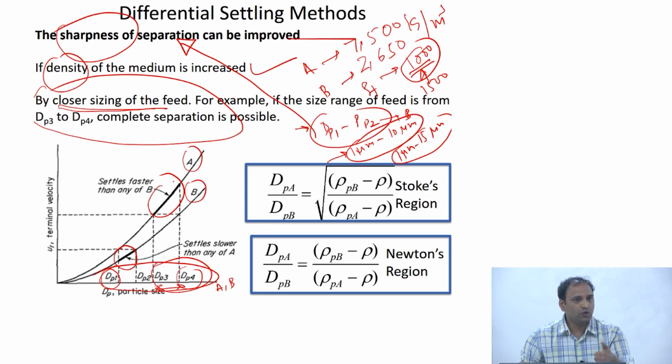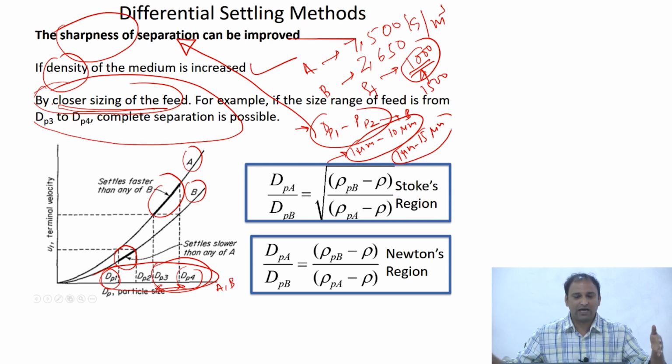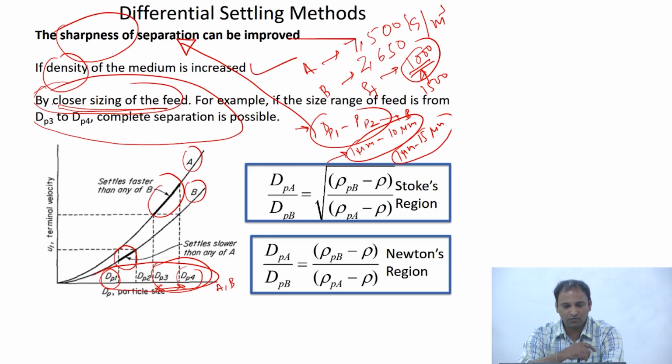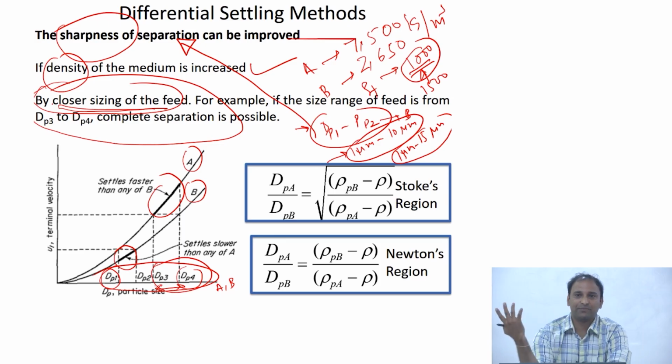One is to use a fluid of a higher density, or by increasing the density of the fluid. The other is to consider closer sizing of the feed. Instead of taking a size range going from dp1 to dp4, you reduce the size range. If you have a closer spacing in size, that will give you another way of complete separation of the particles.